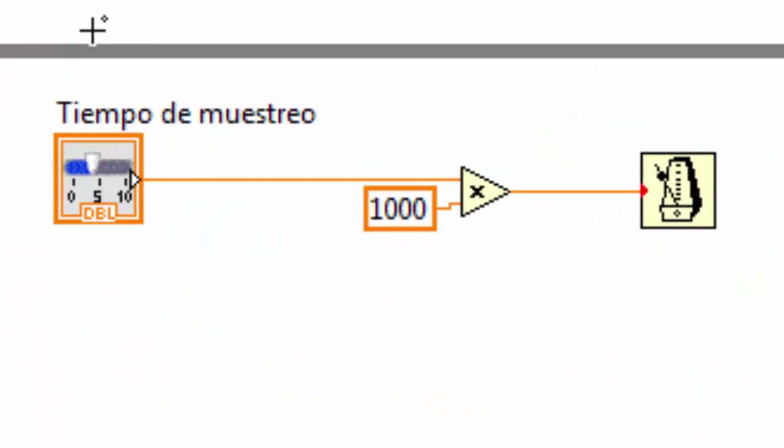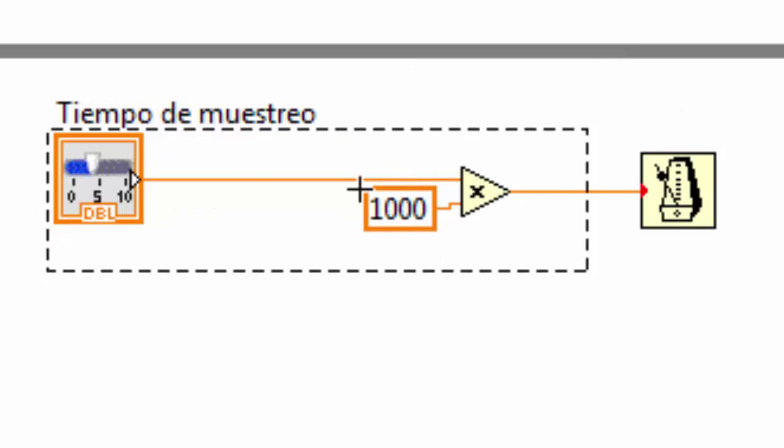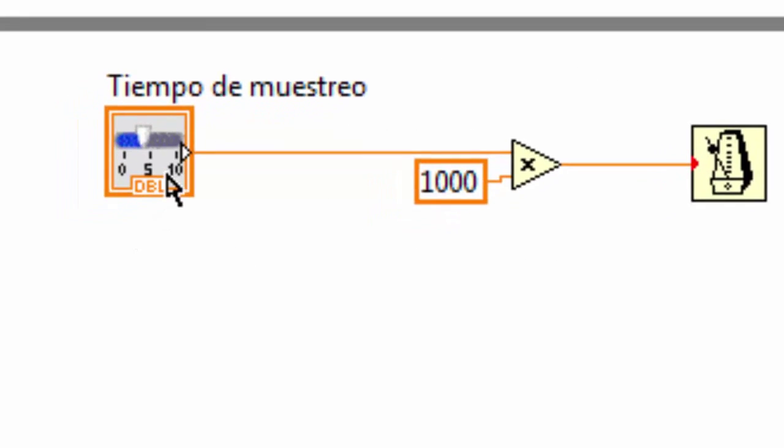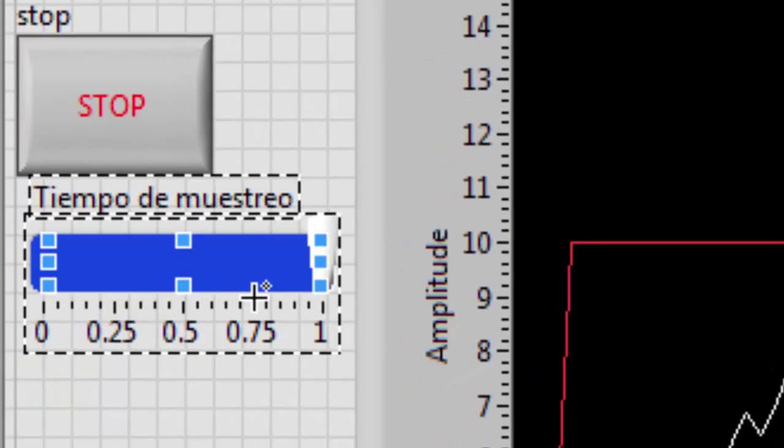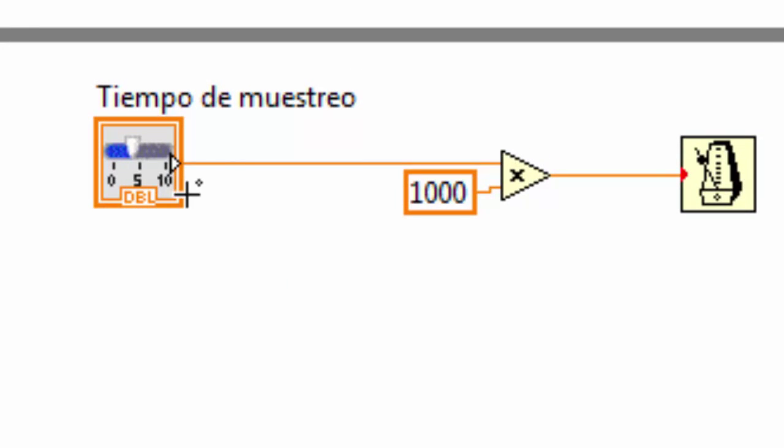The closed loop, the while loop, is controlled by a sampling time that we decide with this slider that is in seconds. We multiply the value of the slider by 1000 to get the time in milliseconds in this block.